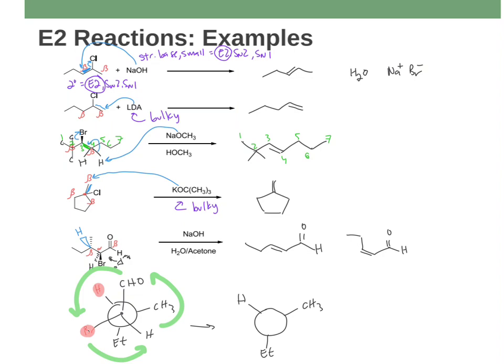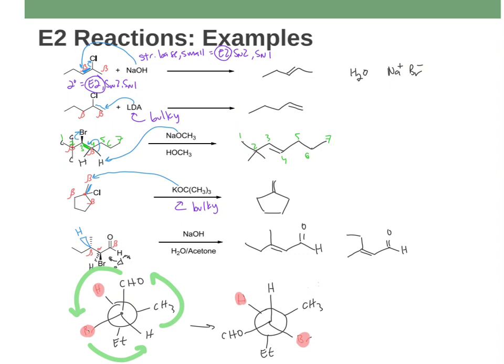Oh, sorry, I forgot something on these products. Methyl, methyl. Don't want to lose my carbons. And then on my front carbon, it looks like now where the bromine was, now that's where the aldehyde is, the CHO. And then over here is the bromine, and up here is the hydrogen, which now, thankfully, puts my bromine and my hydrogen opposite of one another. And then this is where I find the things that should be cis to one another.